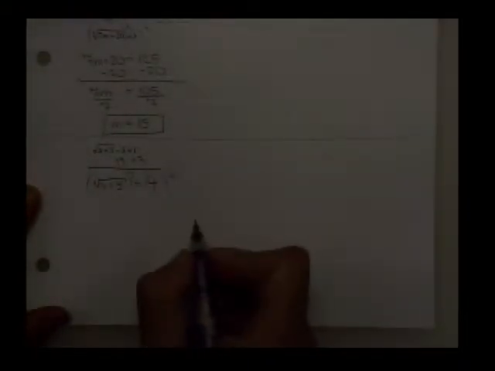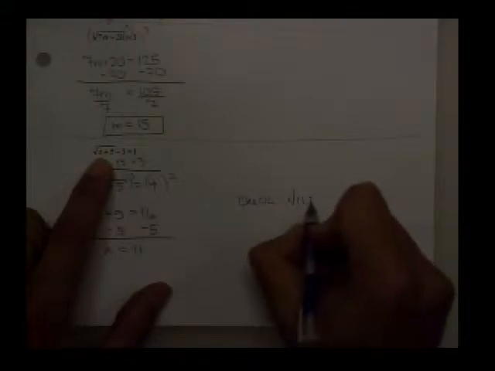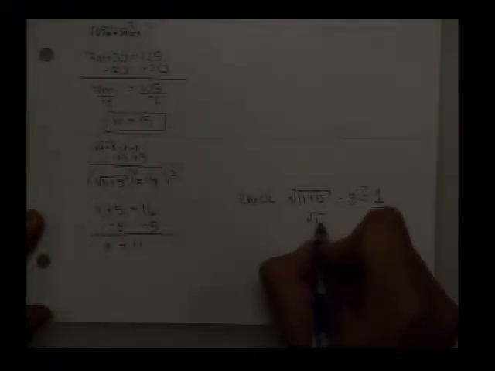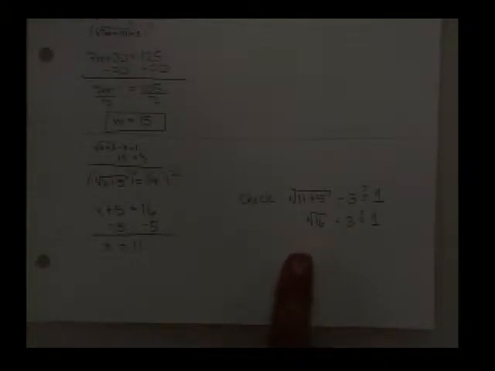So the square root of x plus 5 squared is x plus 5, equals 4 squared, which is 16, and then just subtract 5. So we get x equals 11, and I'm going to check. The square root of 11 plus 5, minus 3, is that equal to 1? The square root of 16 minus 3, yes, equals 1, because the square root of 16 is 4.